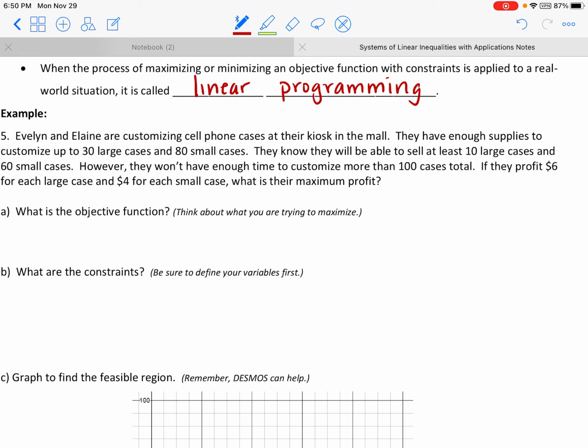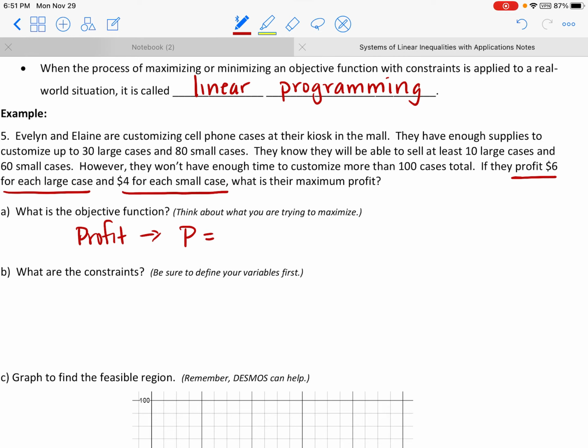So the objective function comes from what they are trying to maximize or minimize. In this case, they're trying to maximize profit. So my objective function comes from the profit, and we'll call that profit P. The profit is $6 for every large case and $4 for every small case.